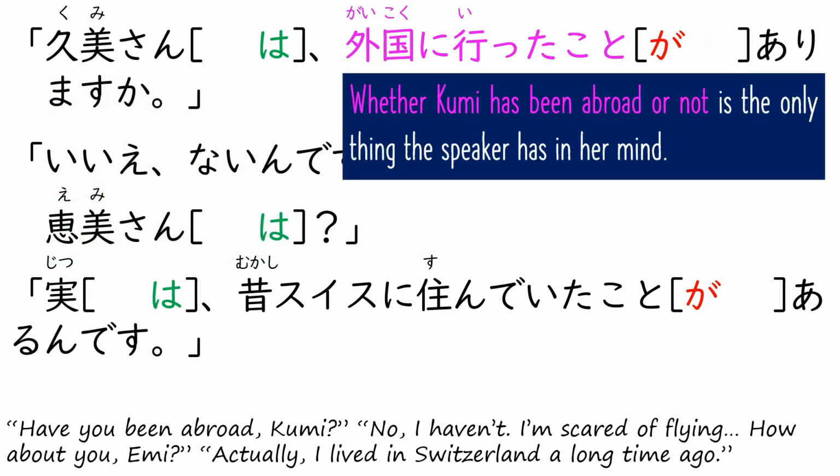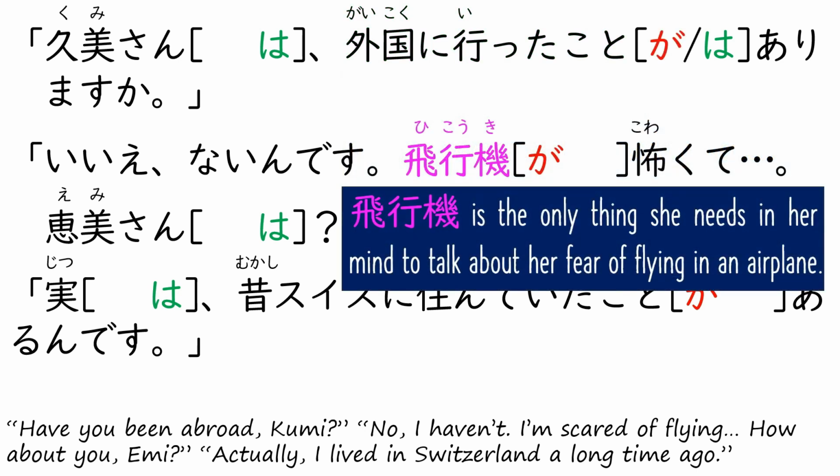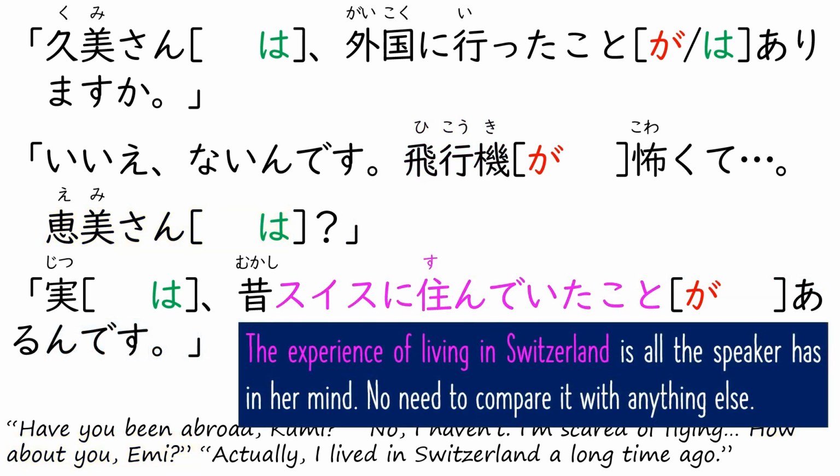Whether Kumi has been abroad or not is the only thing the speaker has in her mind at the moment. The speaker is comparing the experience of going abroad with the other experiences, such as living or working overseas. 飛行機 is the only thing she needs in her mind to talk about her fear of flying in an airplane. The experience of living in Switzerland is what the speaker wants to highlight, and it doesn't need to be compared with anything else.